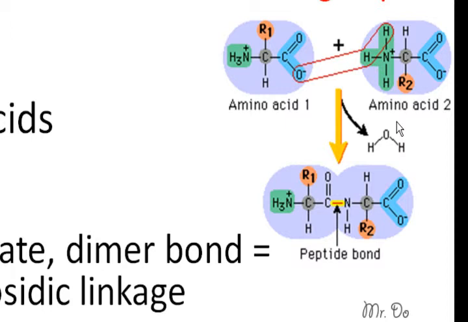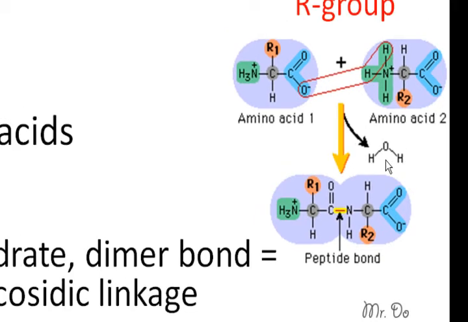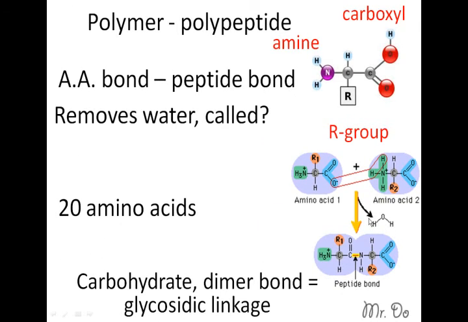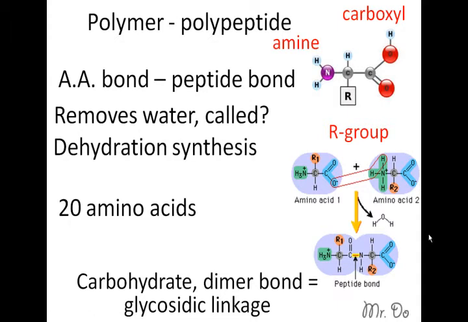Over here is another one, and when they bond together, it becomes a peptide bond. Now notice that water was removed in order to create the peptide bond. What was the name of the process called again when you remove water in order to put two things together? Dehydration synthesis. Putting things together by removing water.